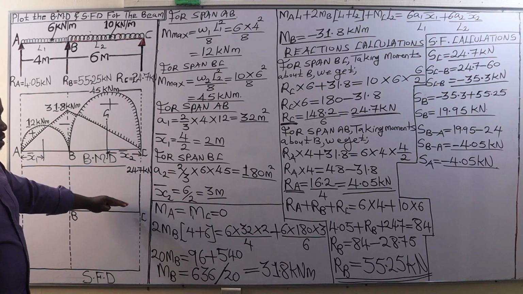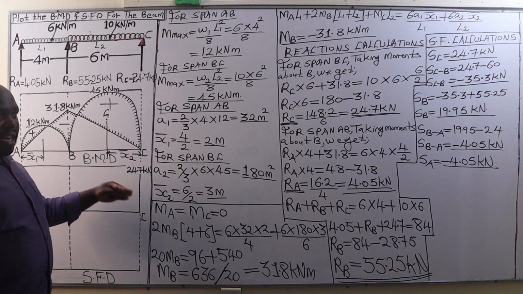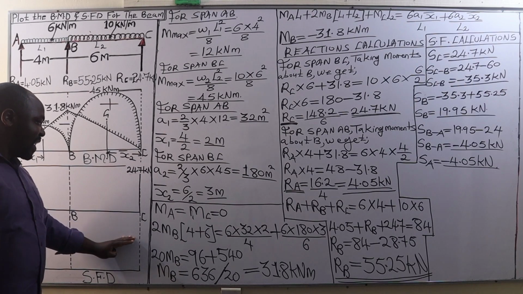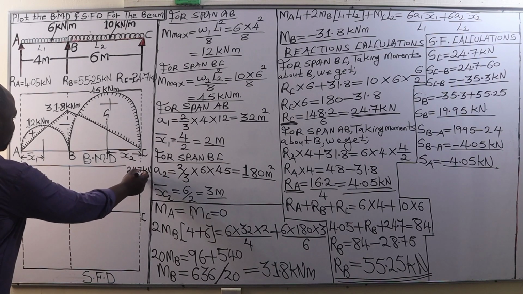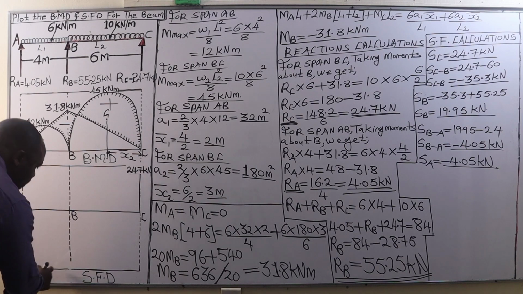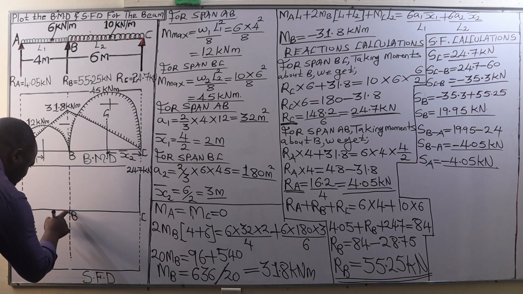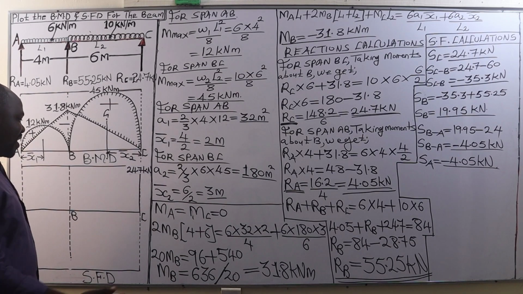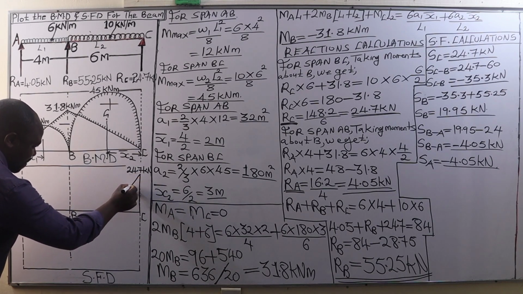Remember, the positive shear forces are plotted above this line and the negative shear forces are plotted below this line, and therefore between C and B we have a uniform change from 24.7 to negative 35.3. If we approximate 35.3 from this point, it is just an approximation, so it's not 100% accurate.